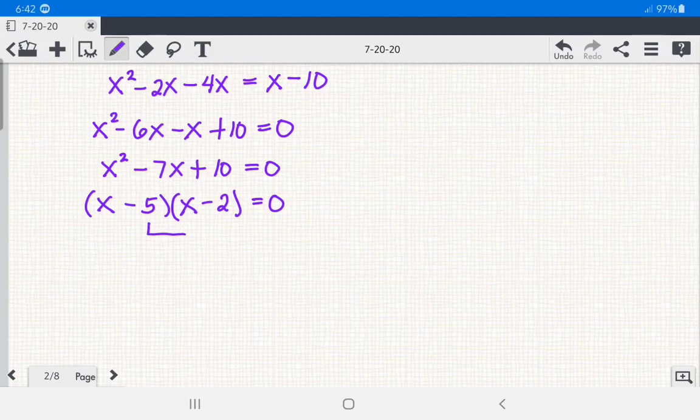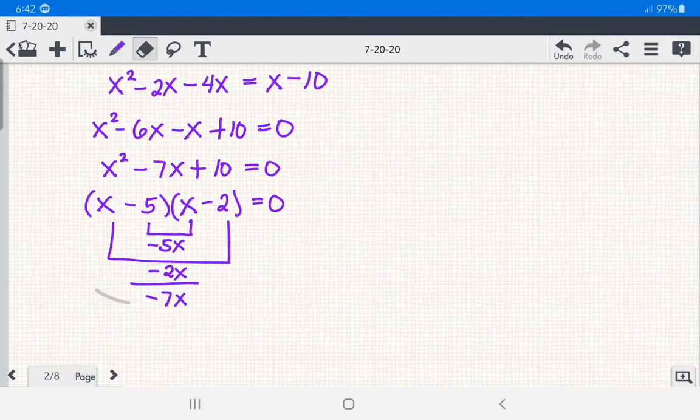Then if you multiply negative 5 times x, we have negative 5x. x times negative 2, we have negative 2x. If you add that, that is negative 7x, which is the middle term, negative 7x.